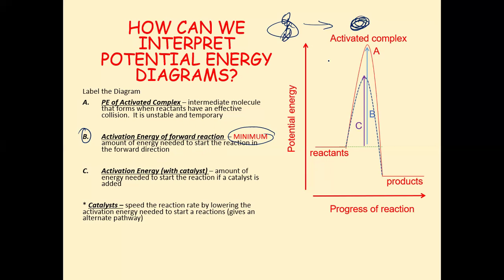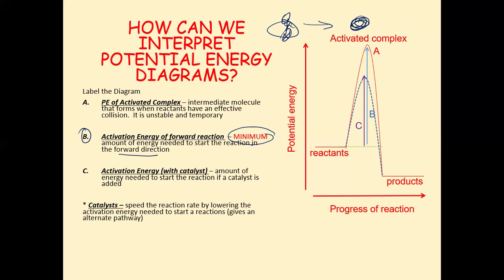What is the term for this blue arrow B? It is called the activation energy. Tomorrow when they say to you, define activation energy, normally they don't say activation energy of the forward reaction. It is just activation energy. You don't have to include the forward direction when you're defining activation energy. You can say activation energy is the minimum amount of energy needed to start the reaction.